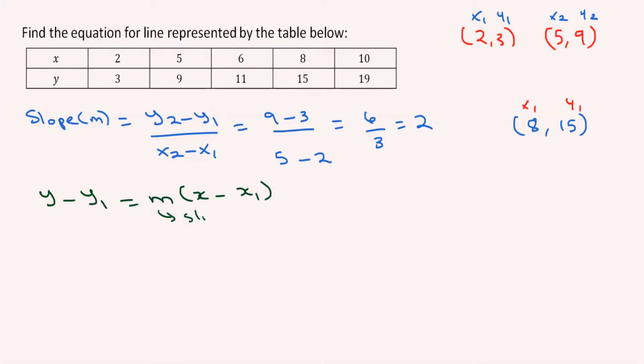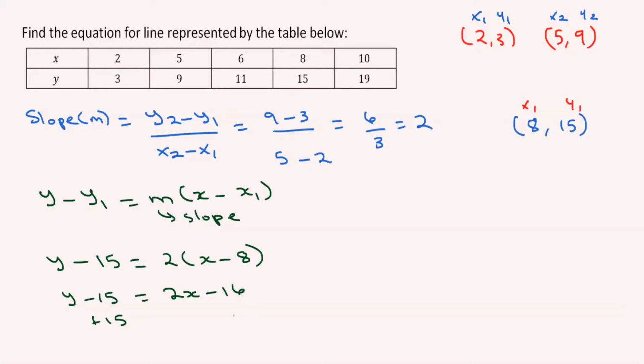So let's substitute. y minus y1, which is 15, is equal to slope, which is 2, times x minus 8. So we have y minus 15. We distribute the 2. It's going to be 2x minus 16. So we add 15 to both sides. So we now have y equal to 2x minus 1.